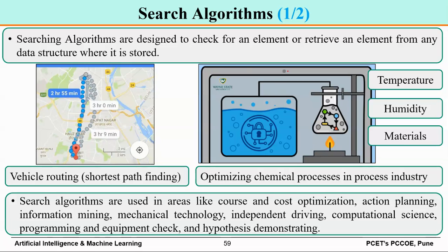Again, there are n number of applications where you can apply search algorithms. For example, route and cost optimization, action planning, data mining, robotics, and so many things. Even I will tell you, for example, in the last semester you opted for some major or minor, right? Yes or no? So there were three, four options. So what you did, you first of all asked yourself in which particular area I'm interested.